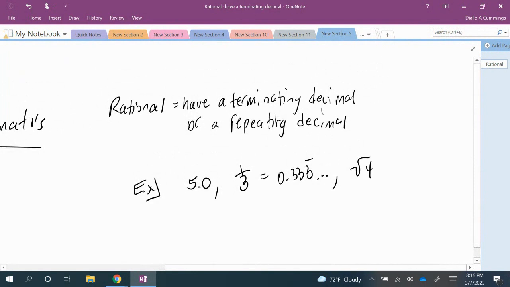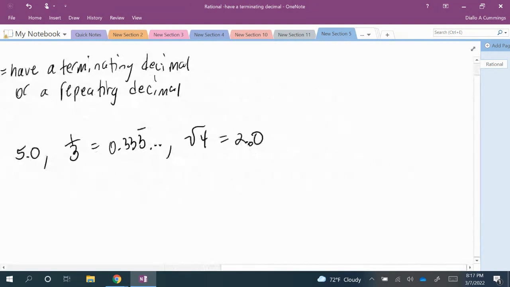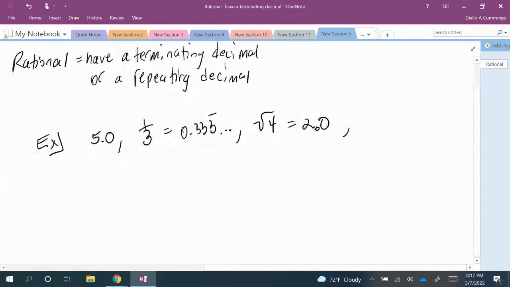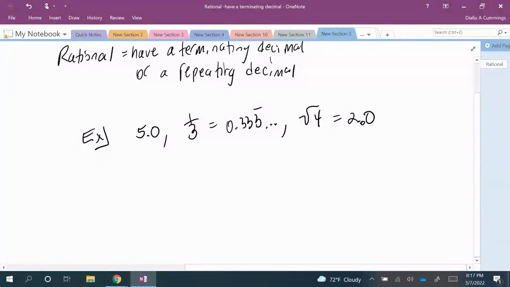The square root of 4 is also a rational number because if you decimalize it, you get 2.0, which is a terminating decimal. So I think we'll start with that.